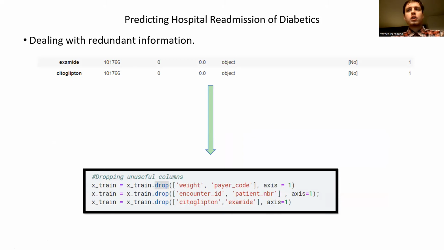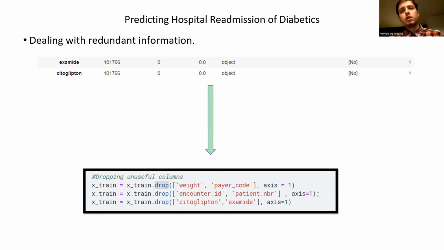Also, we removed some redundant data. As we already said, it is weight and payer code. We removed these columns, encounter ID and patient number, because they are just identifiers.